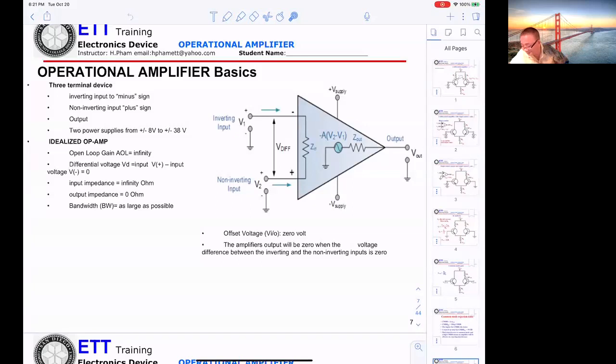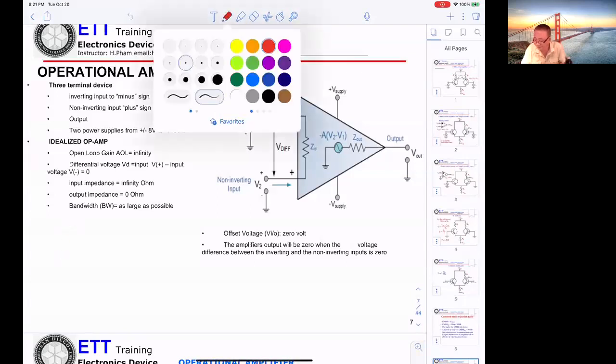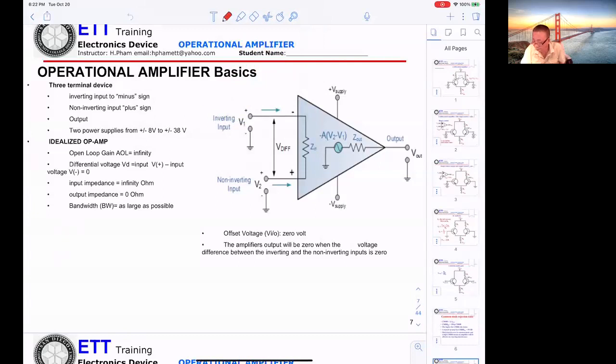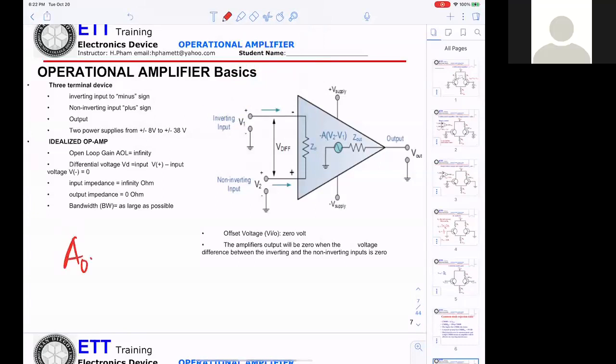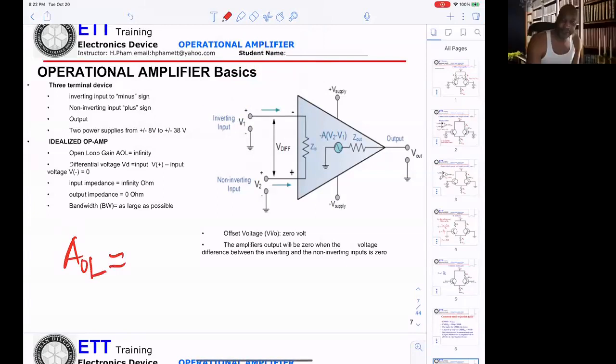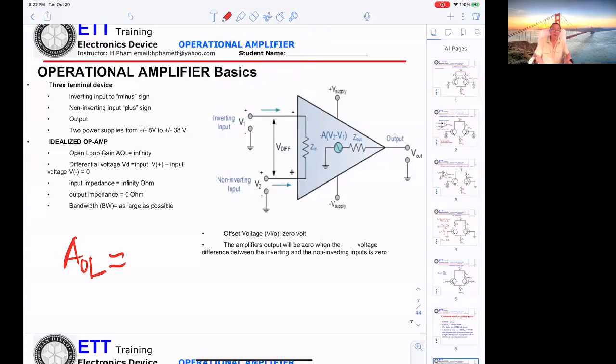Idealized op-amp. Open loop gain, A OL. What they call an open loop gain. Open loop gain, they will be equal what?